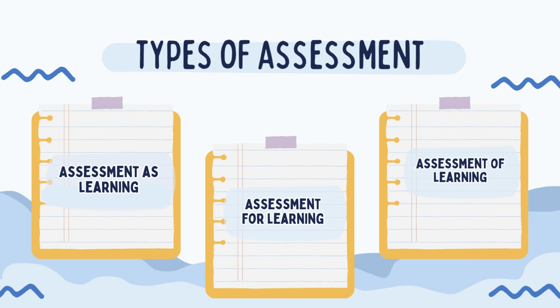For example, a short quiz during the lesson to check students' understanding and adjust teaching accordingly. Number 3. Assessment of learning is assessment of evaluation in the last part of the learning process. For example, a final exam at the end of the semester to measure students' achievements after the learning process is complete.